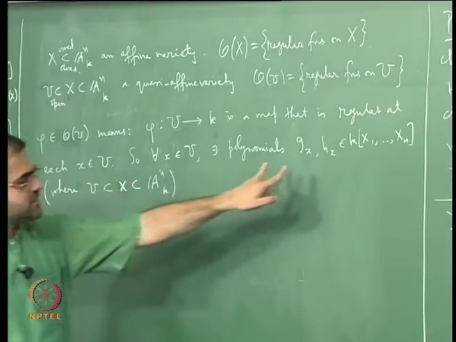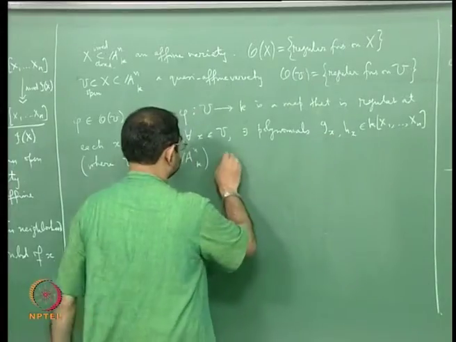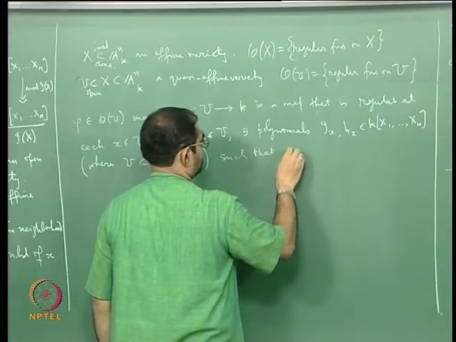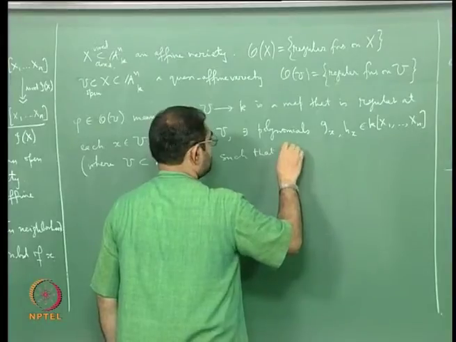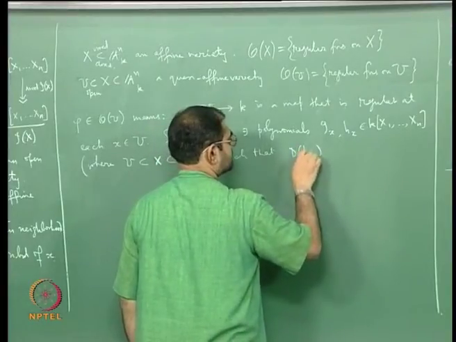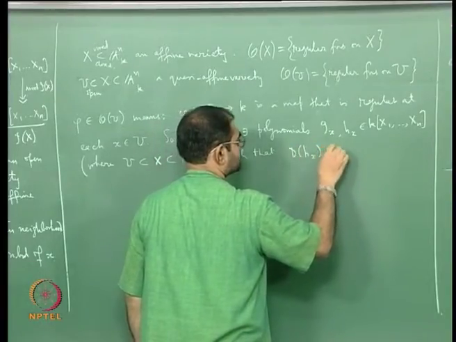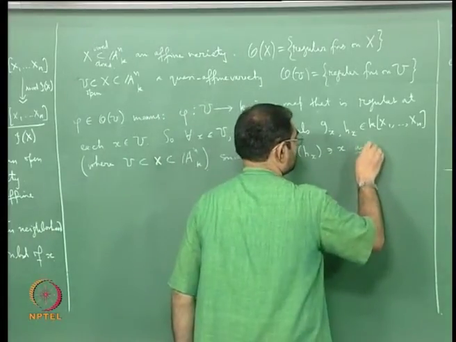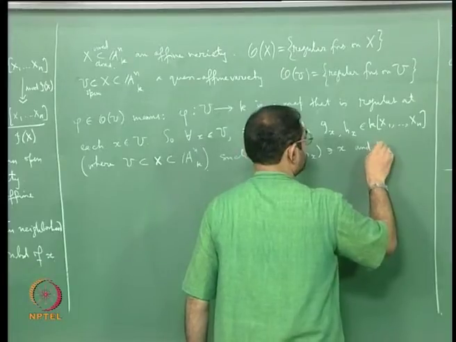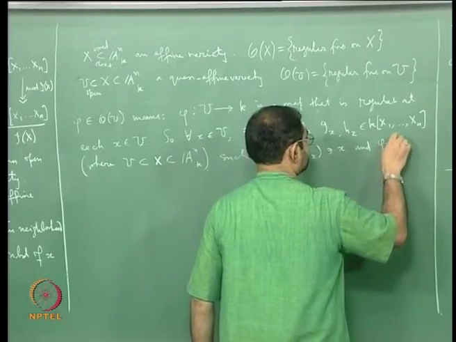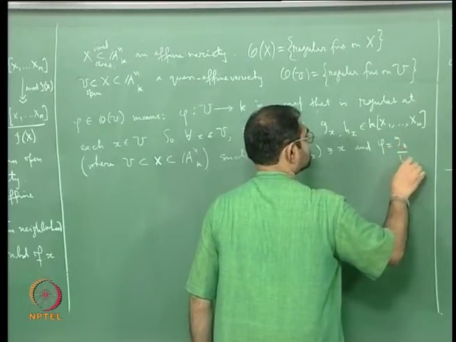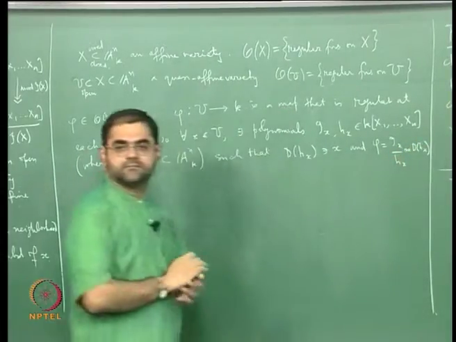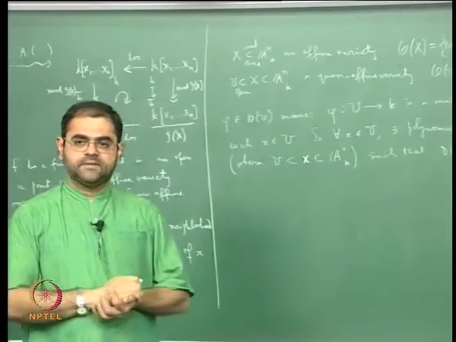there are polynomials such that D(h_x) contains x, and phi is the same as g_x by h_x on D(h_x).